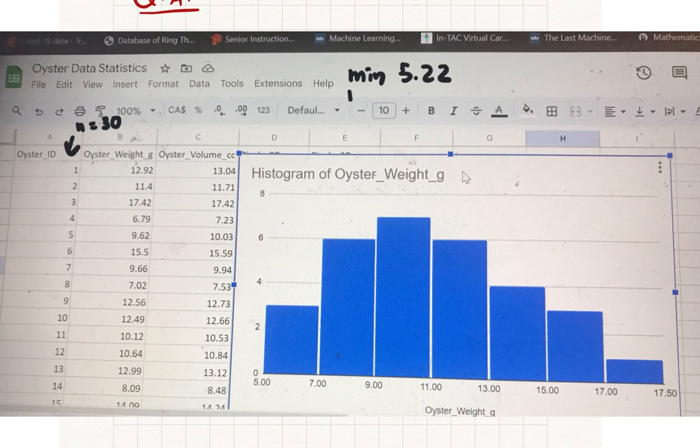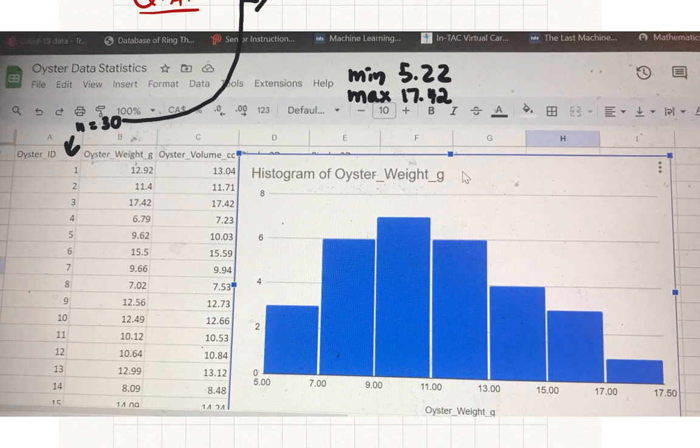And you can check that the maximum value that we see in oyster weights is in oyster ID 3, which is 17.42. So we indeed have 30 data points here.